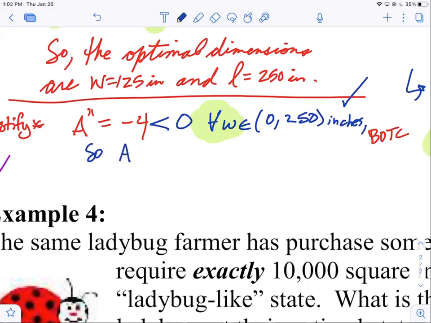So A has a max at W equal to 125 inches. I did A double prime and I didn't plug in a number. Is that okay?